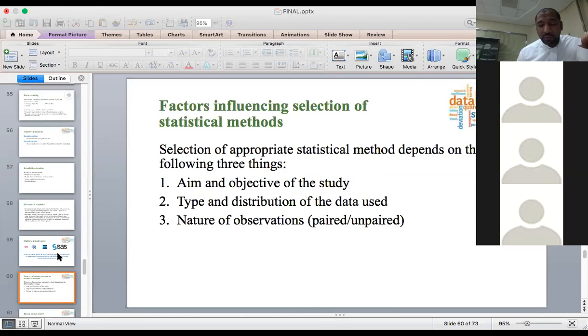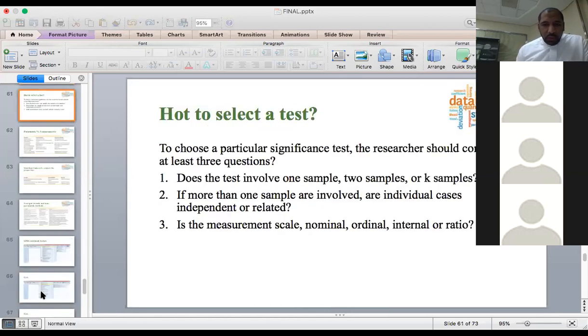For example, if it's normally distributed data, use what we call a t-test, paired t-test, if it is normally distributed data, and if it is unpaired, if it is non-normally distributed data, then we use what we call a Mann-Whitney test. So how to select a test?